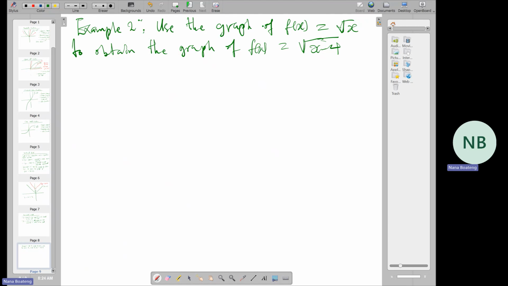All right, so square root of x minus 4 looks like a graph that is shifted 4 units to the right, a horizontal shift of 4 to the right.